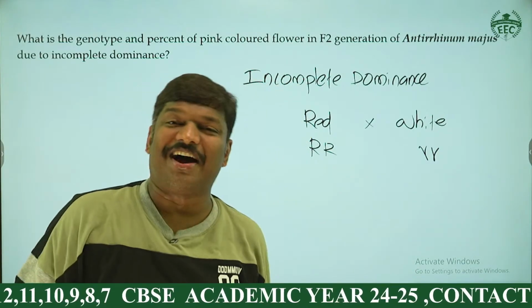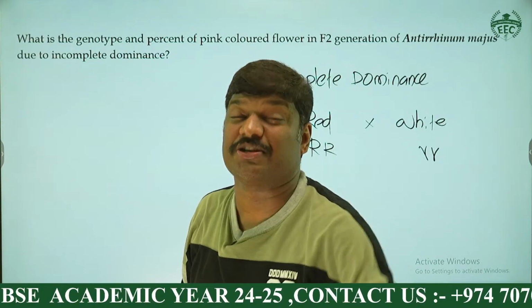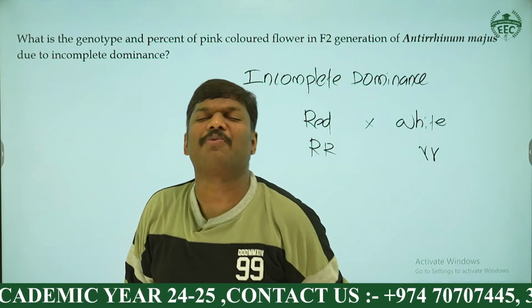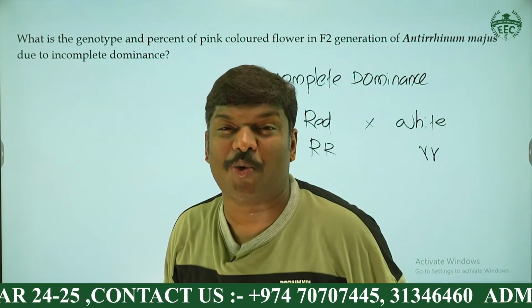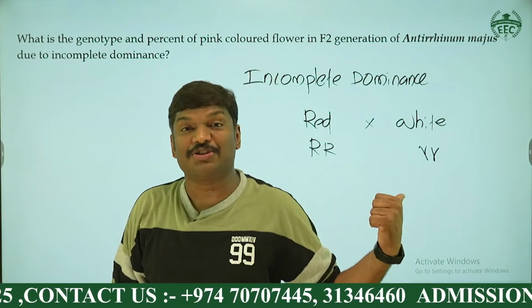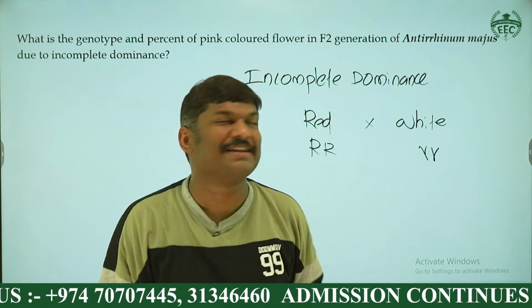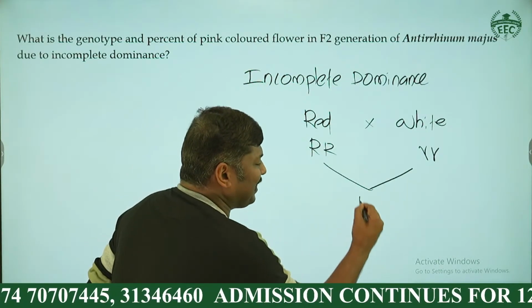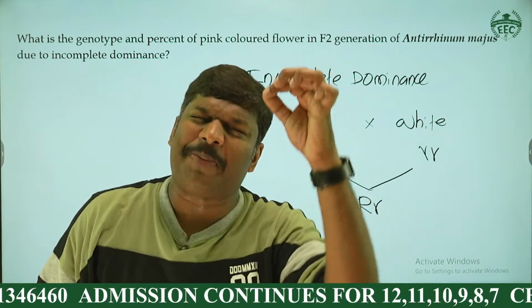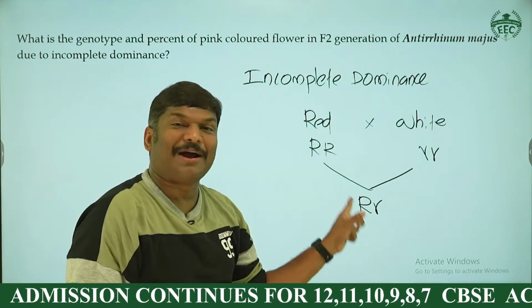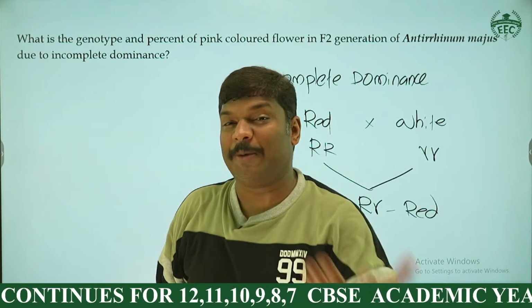This is not the cross they asked, but this is the cross in which both phenotypic and genotypic ratios are the same. Both are 1:2:1. What about the Mendelian ratio? The Mendelian ratio is 3:1 and 1:2:1. Both being 1:2:1 is something unique, right? And here it is incomplete dominance. What is incomplete dominance? When we combine capital R and small r, if you apply Mendelism, the law of dominance, capital R can completely dominate over small r, and that will produce the red color.